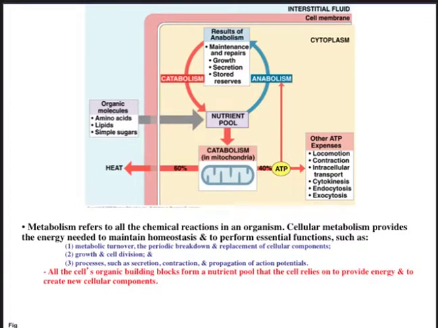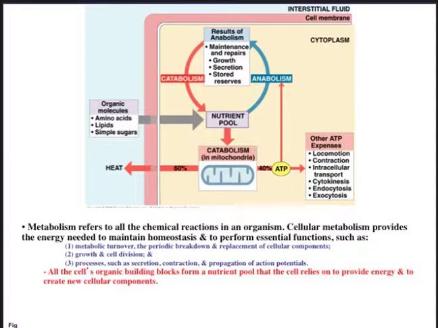All the cell's organic building blocks form a nutrient pool that the cell relies on to provide energy and to create new cellular components. Essentially, these are all processes that would not happen spontaneously. So they need some source of fuel to draw on in order to drive them to completion.